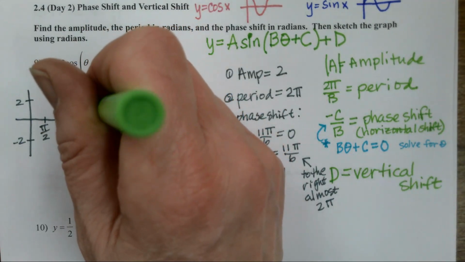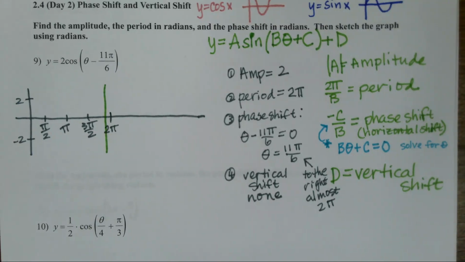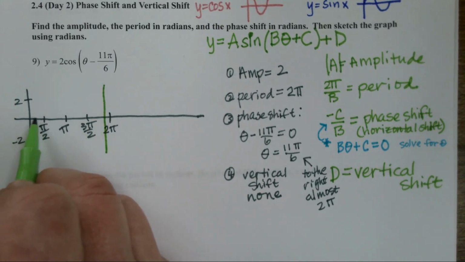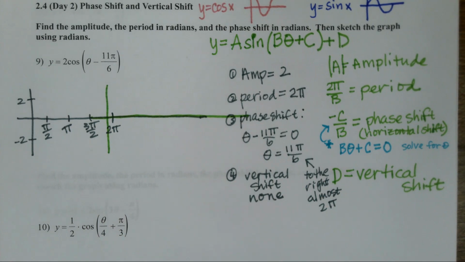I have a new starting axis. And I'm going to just put my green, again, I have no vertical shift, so I can put my little green thing there.